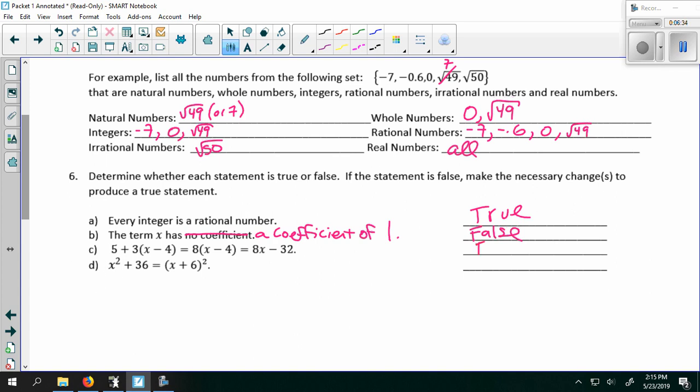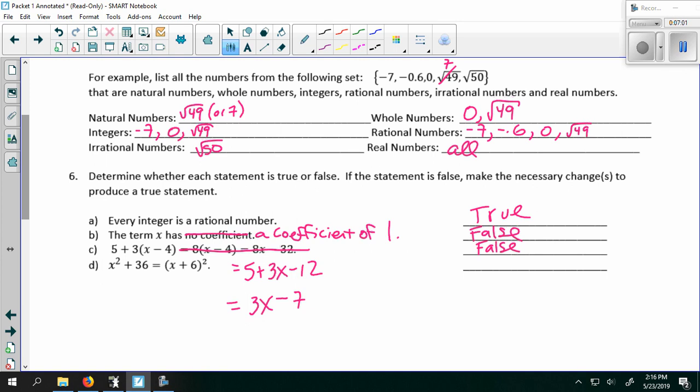So I'm going to put false here, and I'm just going to cross out that part, and I'm going to rewrite this as 5 plus 3x minus 12, doing the multiplication first, distribute the 3, and then combine like terms. So I get 3x, 5 minus 12 is -7, 3x minus 7.